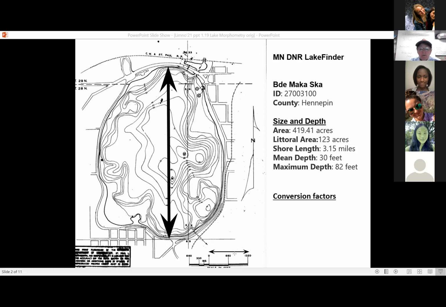From here to here is 1,320 feet. So you would make a conversion factor, however many centimeters long that is with the ruler. So let's say that it's 2 centimeters, and 2 centimeters on the map equals 1,320 feet in the real world.